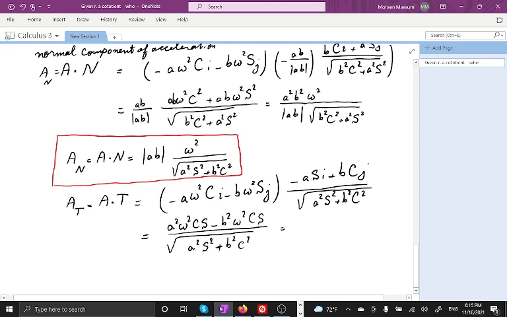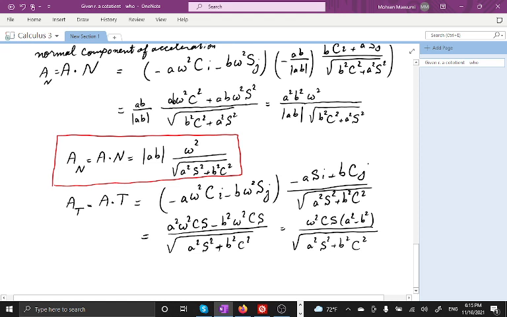So of course we factor things out, because this is omega squared C S times A squared minus B squared divided by this expression A squared S squared plus B squared C squared.